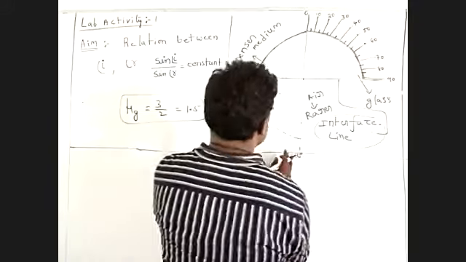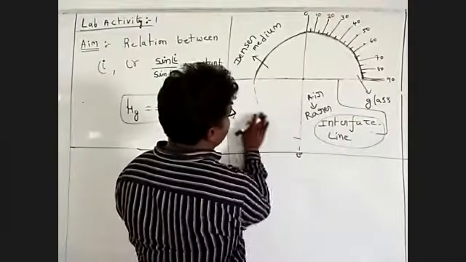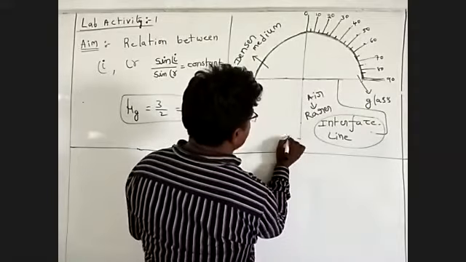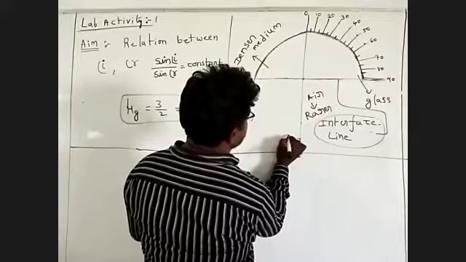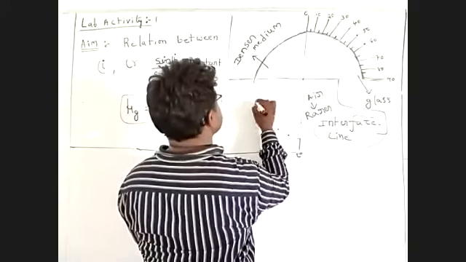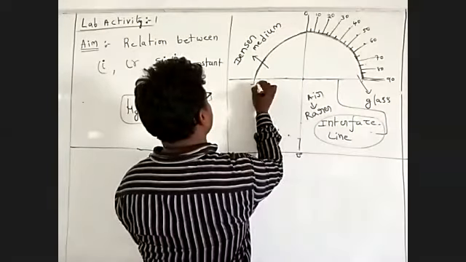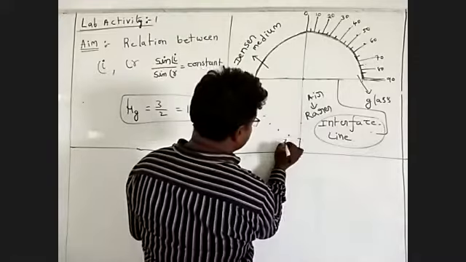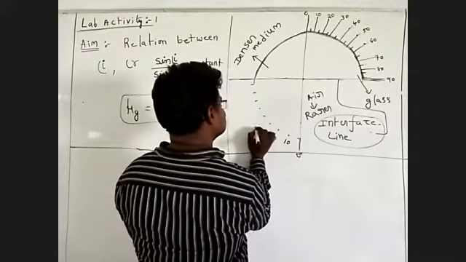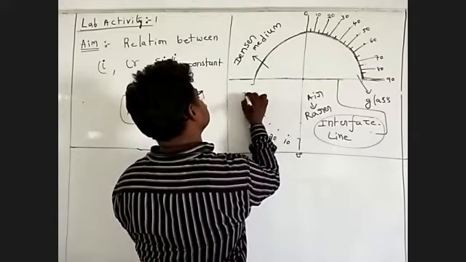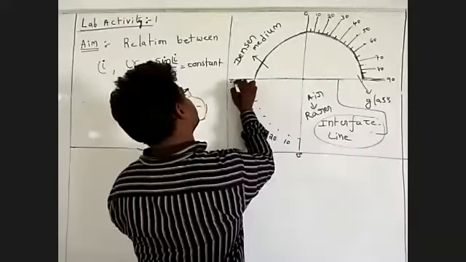Now we'll see: first line, second, third, fourth, fifth, sixth, seventh, eighth, 9, 10. 10 degrees, 20 degrees, 30 degrees, 40, 50, 60, 70, 80, 90 degrees.